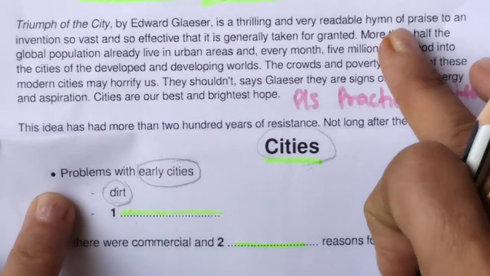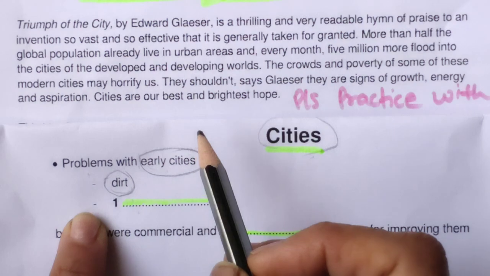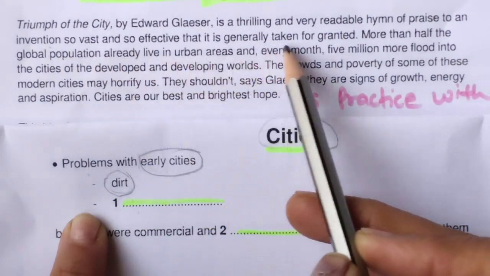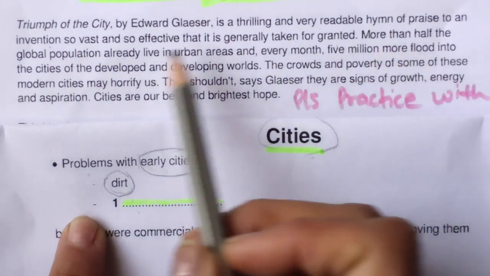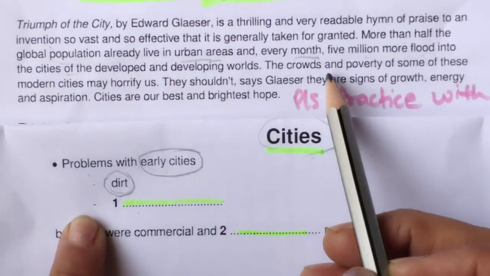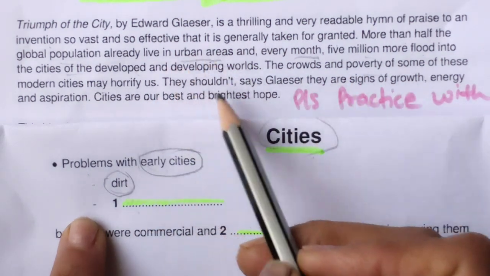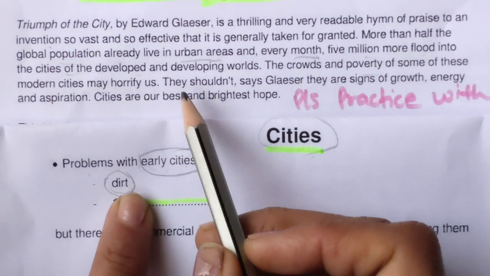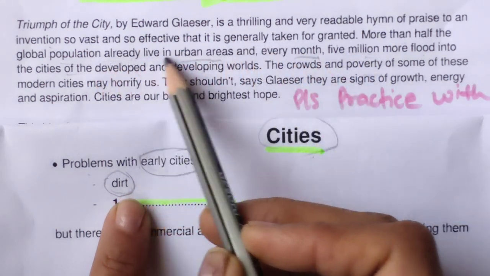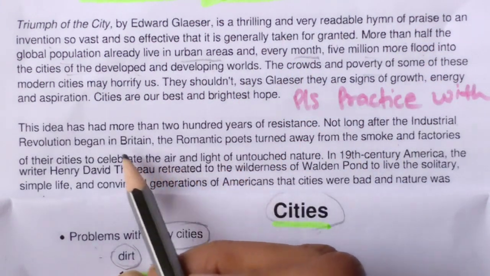So this is the first paragraph. Okay, so I'm showing you early cities and dirt we are looking for, and I will not be reading it, and you also do it with me. I'm looking for dirt, but there is no dirt, there is no early cities kind of thing. I'm looking at it again. Okay, early cities. Let's find it somewhere else.